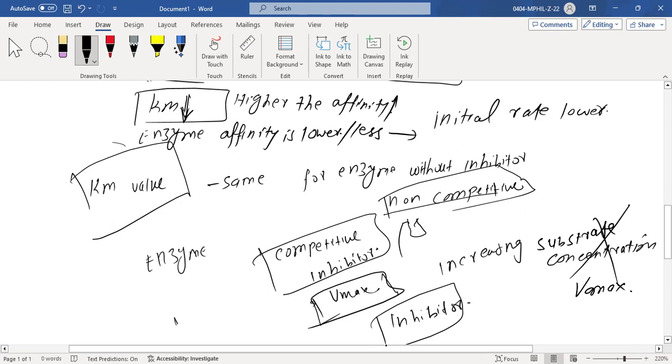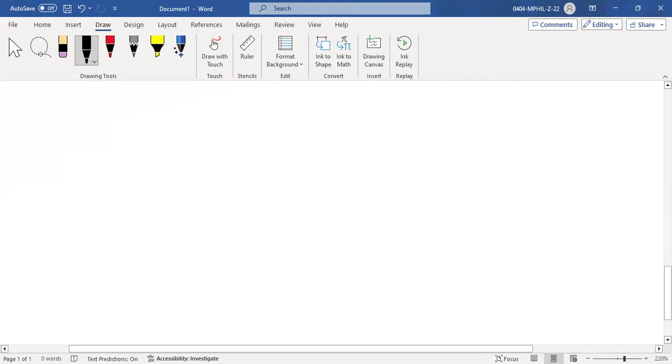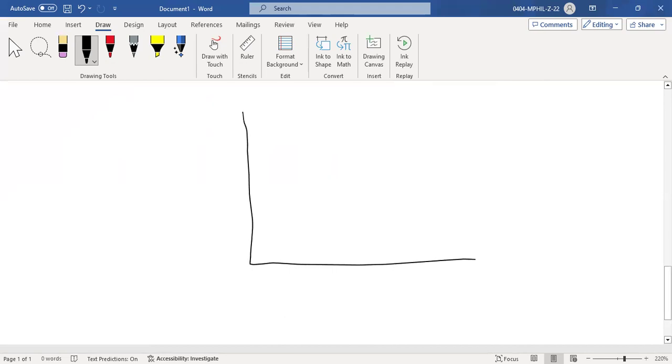So we have compared this Km value in competitive and non-competitive inhibitors as well. What do you mean by all this? Why have we studied this concept here? There we need to draw a graph that can further elaborate this concept. For instance, here is Vmax, the maximum V value.